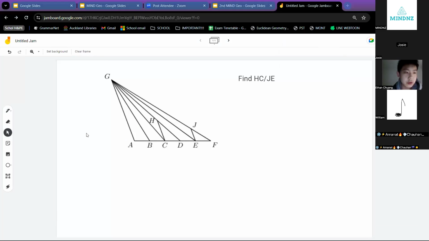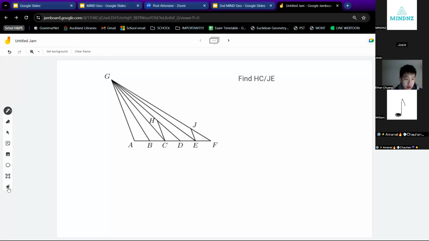All right, I'll go through a little bit more of the question. We want to find similar triangles with sides HC or JE. The only triangles we can really see HC is part of are this triangle over here and this triangle over here, and JE is only part of this triangle and this triangle over here.